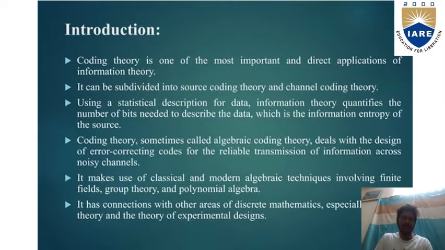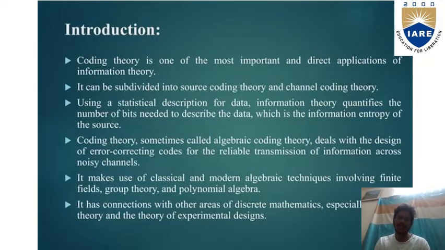Now let's see some introduction about error control coding. Coding theory is one of the most important and direct applications of information theory. It can be subdivided into source coding theory and channel coding theory.